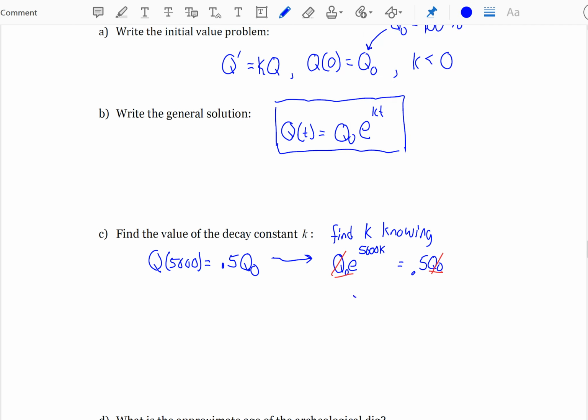This leaves us with e to the 5,600K equals 0.5, where we choose to take a natural log of both sides of our equation with the expectation that natural log and e will cancel as inverse functions to give us 5,600 K is the natural log of 0.5, or that K is equal to the natural log of 0.5 over 5,600.